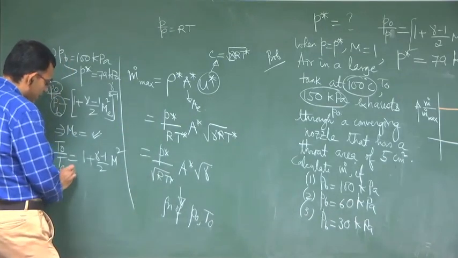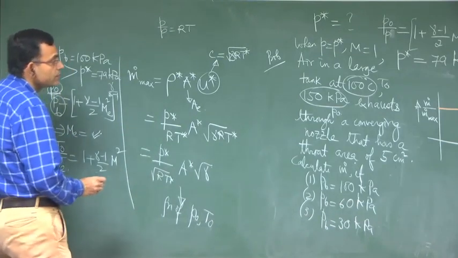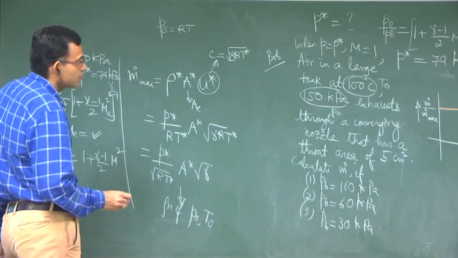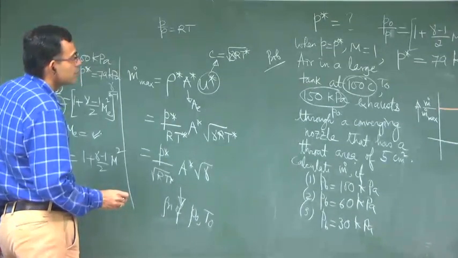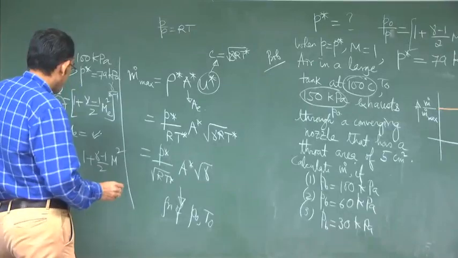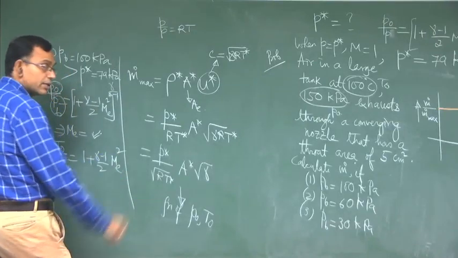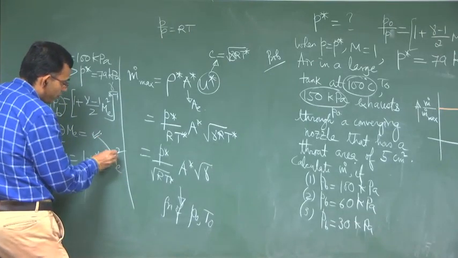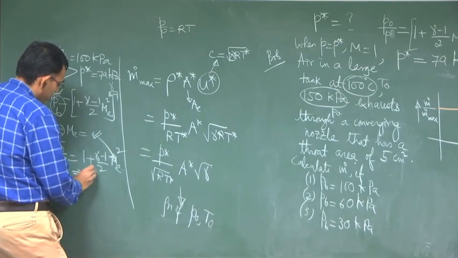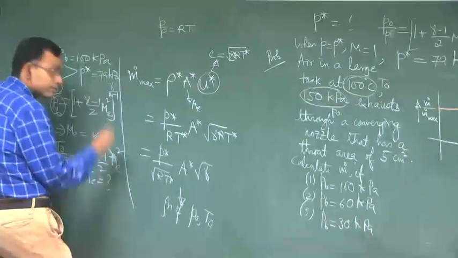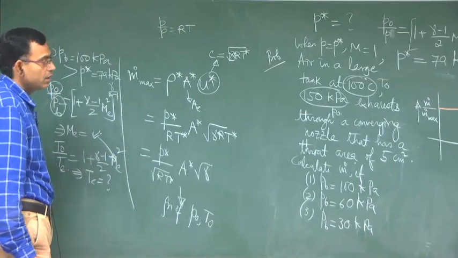So, T0 by Te is equal to this one. So, this value you know from here. So, from here you can get what is Te.